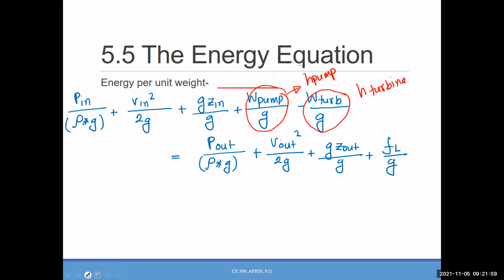Also, since everything is for friction loss or energy loss, you can name this one as the head loss.